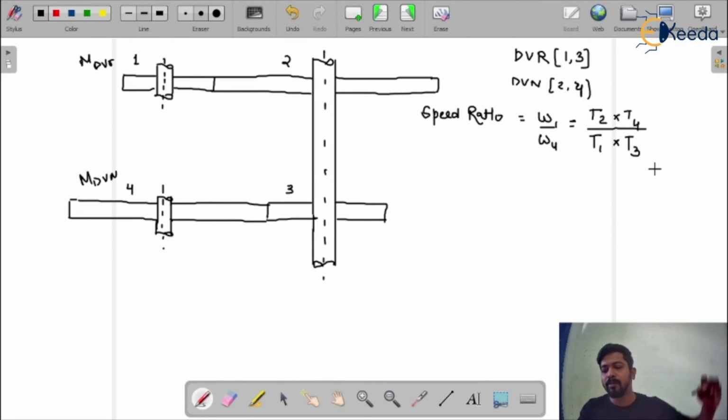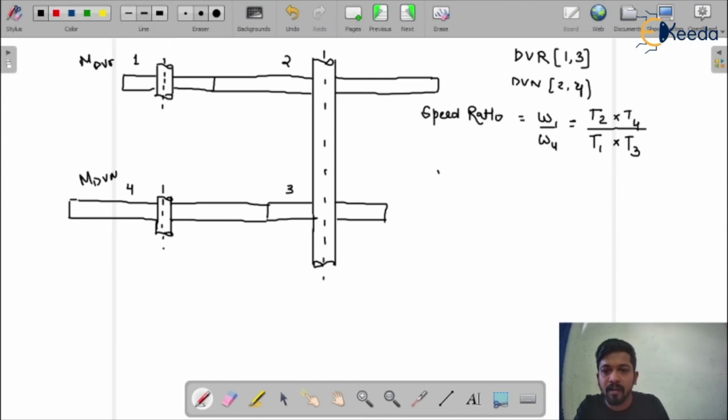Now one more thing you need to understand. In the gear chapter we have studied that for mating gears the module is the same. For example, here 1 and 2 are in mesh, so they are mating gears, which means the module for 1 and 2 will be equal.